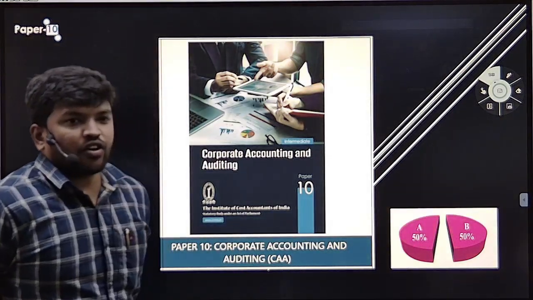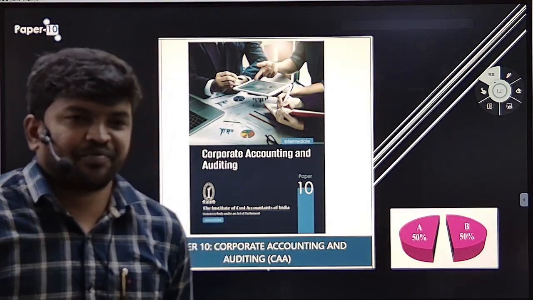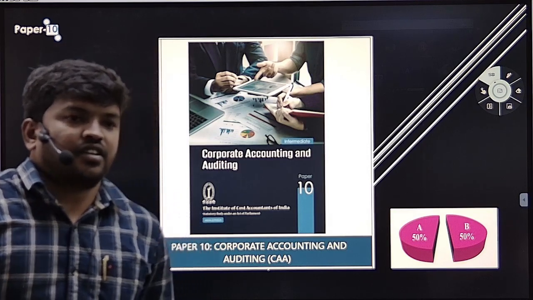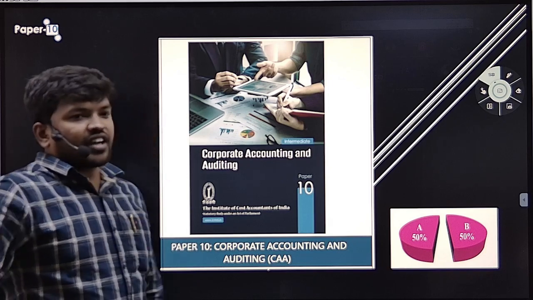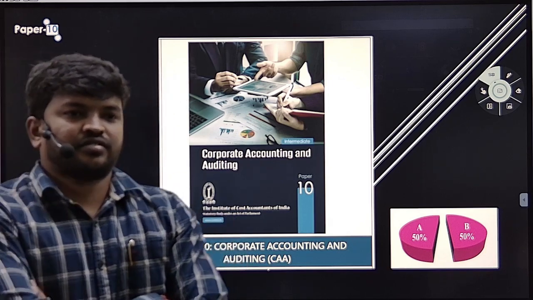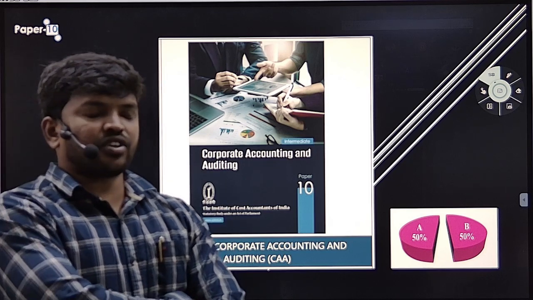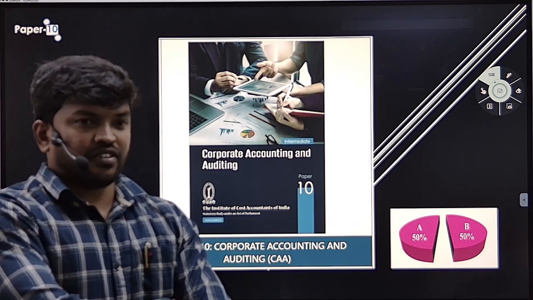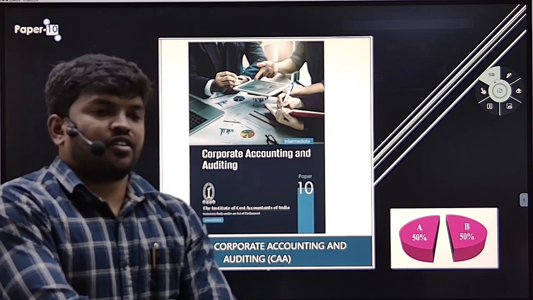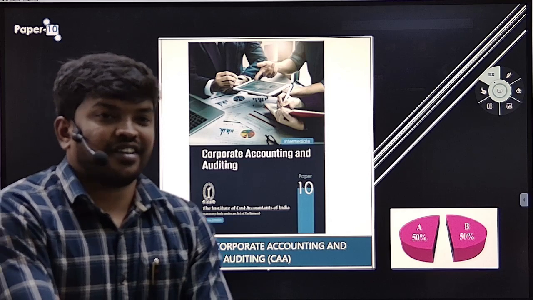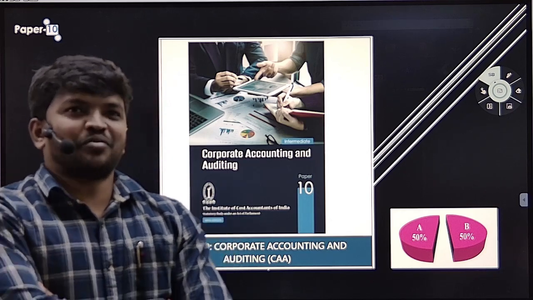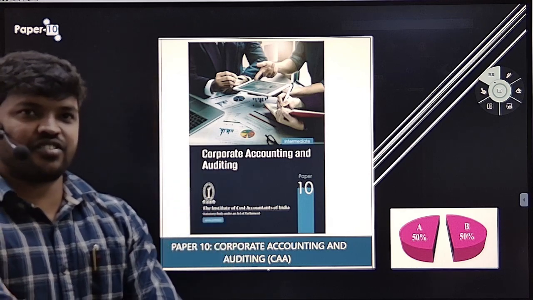Paper 10, corporate accounting and auditing. Corporate accounting is for how many marks? 50, sir. 50 marks. Yes, Ruchita, you are correct.